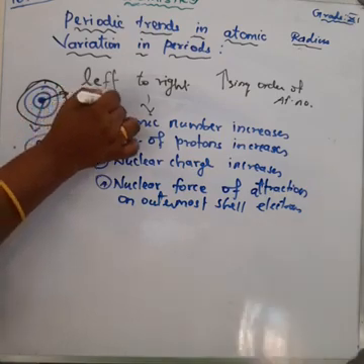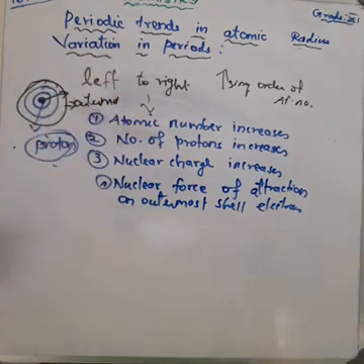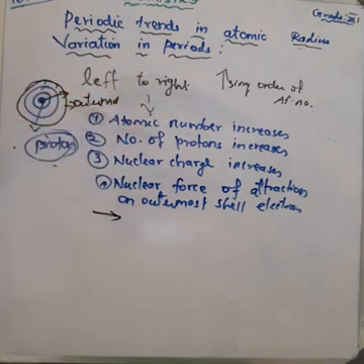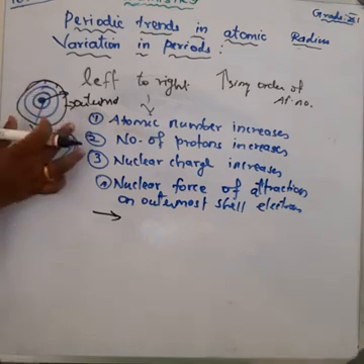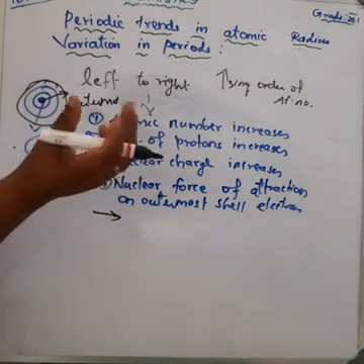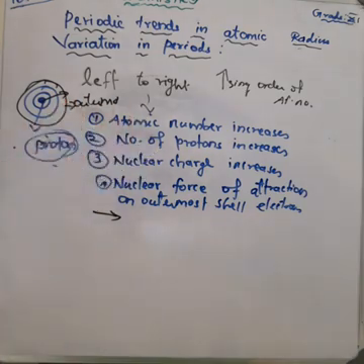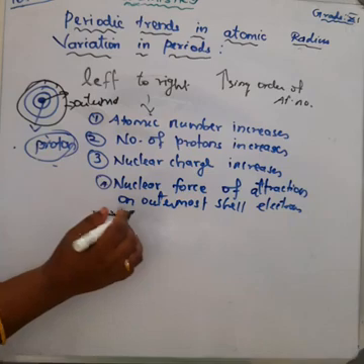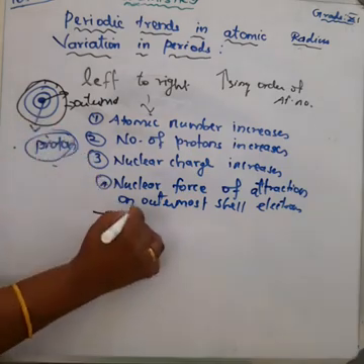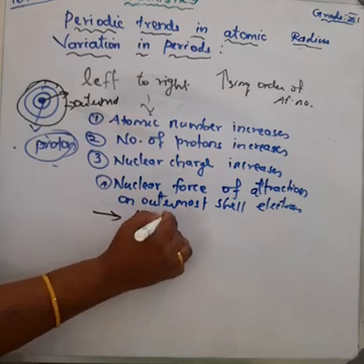The increased nuclear charge tends to pull the outermost shell closer to itself. Understood? And in doing so, the atomic size decreases.